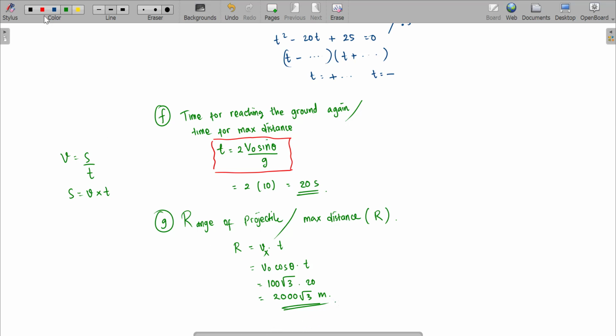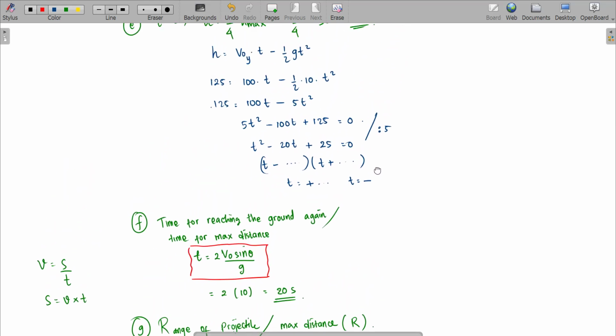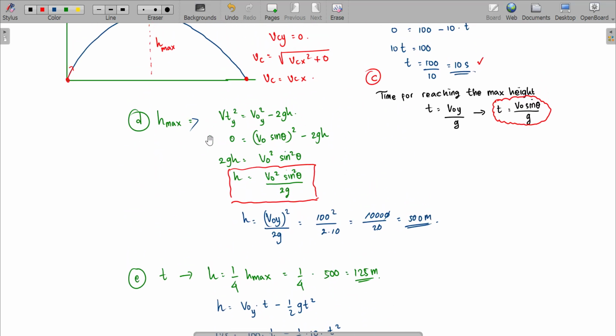Clear. Alright, all done. So again, the conclusion: you have the range, the maximum distance, with this formula, R equals Vx times T. You have time for maximum distance is 2 times initial velocity sin theta divided by gravity, and also you have maximum height is V0 squared sin squared theta divided by 2g, and time for reaching the maximum height V0 sin theta over gravity.